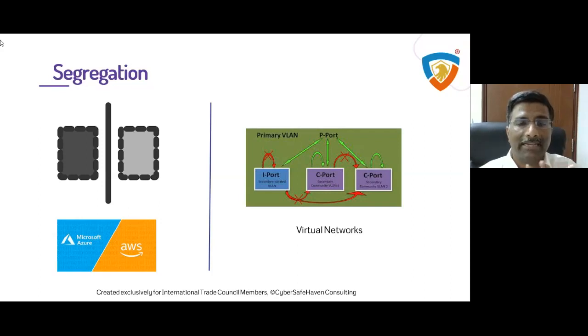So the first technique, which is not to be confused with a specific network term, but the idea is closely related to the network terminology also, is called segregation. So you segregate your high value or critical assets from the low value assets. So even if a compromise happens, you're not going to lose everything in one shot.